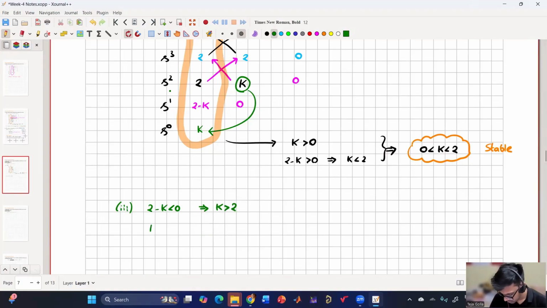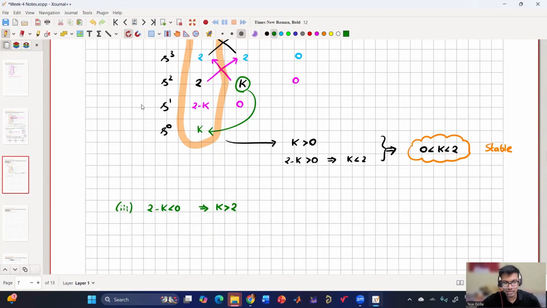And we have considered K greater than 0. Overall K is greater than 2, sir. Or you can consider K greater than 2 and K less than 0. So this is one case that you have considered, right?